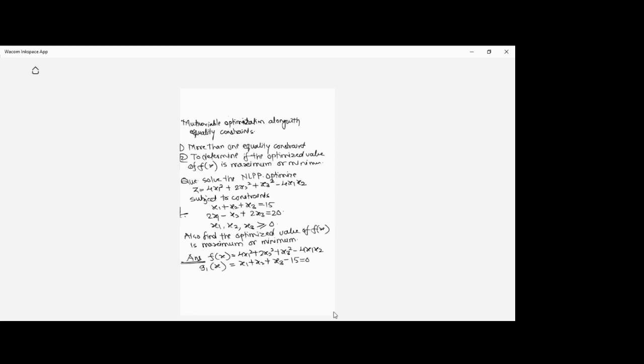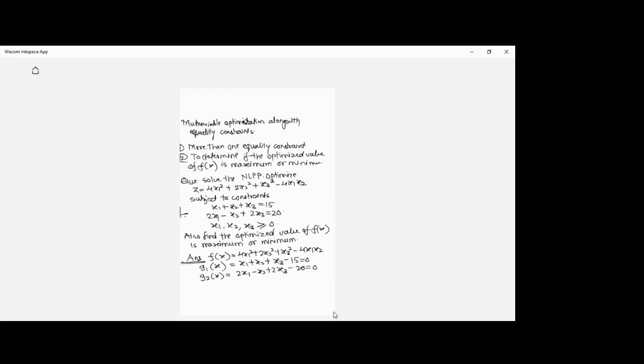We also have g2(x), which is twice of x1 minus x2 plus twice of x3 minus 20 is equal to 0, right? Yesterday we have seen that this g1(x), g2(x) are nothing but the constants.